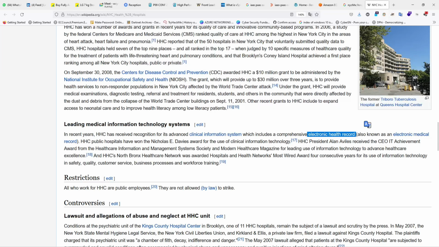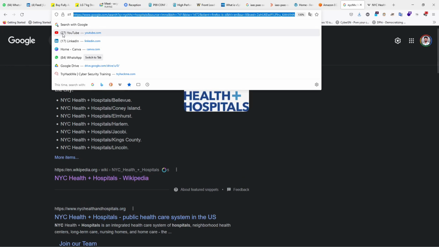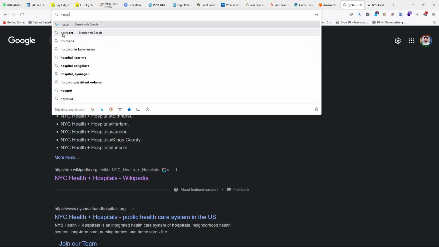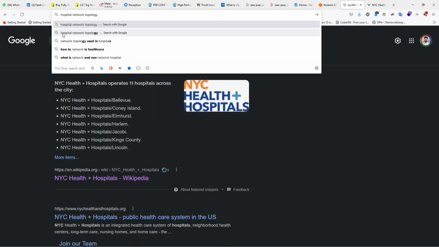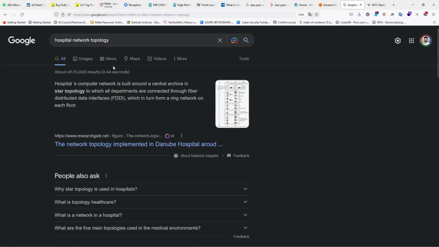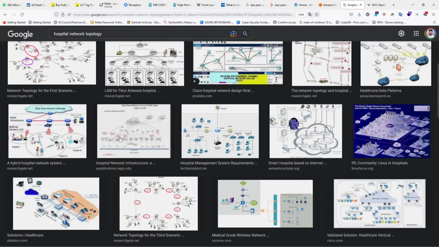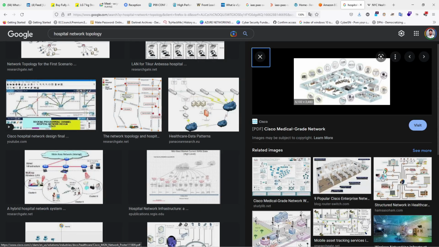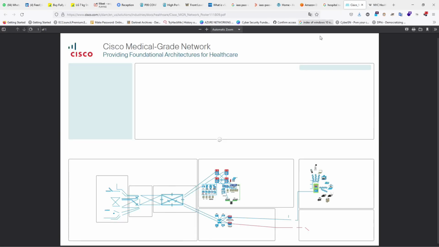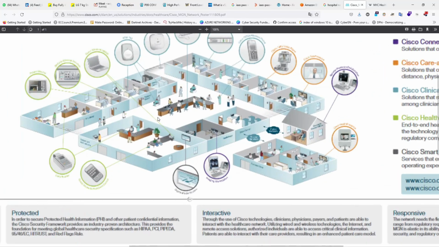Now, to manage this we have the networking part. So I will showcase some network topology. Suppose we go with a hospital. Taking this topology architecture, this is how a typical office infrastructure looks. Let me zoom in again.